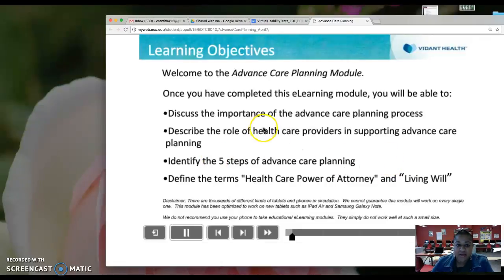You gave a summary initially of what the whole thing was getting ready to be, but there are also explicit objectives here, like discuss the importance of advanced care planning process, describe the role of healthcare providers. I kind of had to read after the fact to make sure I went through each one.